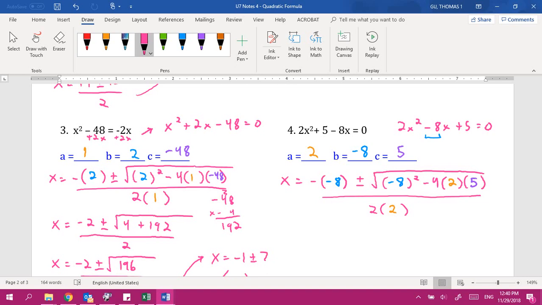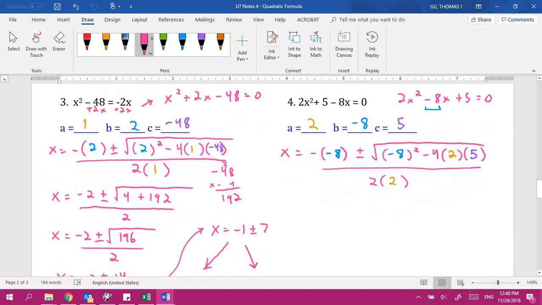Very good. So now let's multiply things out that we can multiply. What is this negative 8? That becomes positive 8. Plus or minus the square root. What is negative 8 squared right here? 64, because it's negative 8 times negative 8. And then what is negative 4 times 2 times 5?